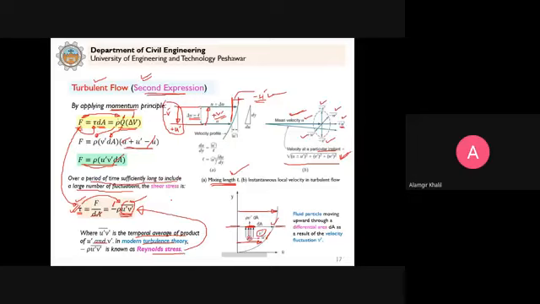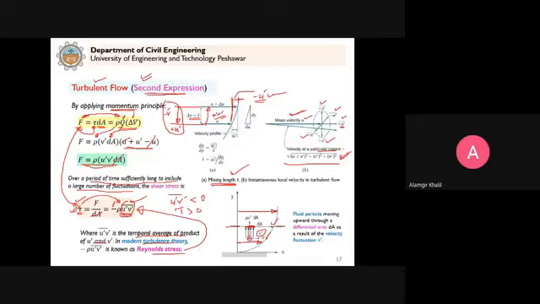It means that this U dash and this V dash product that we consider, for both cases, either the fluid moves from lower layer to upper layer or from upper layer to lower layer, will be less than zero, negative. Simply put, the correlation is negative. And when this is negative, the shear stress that we calculate will be positive.